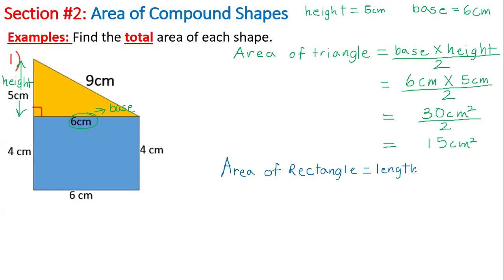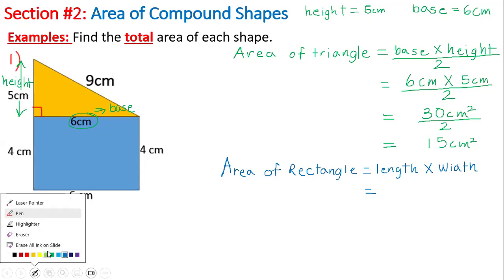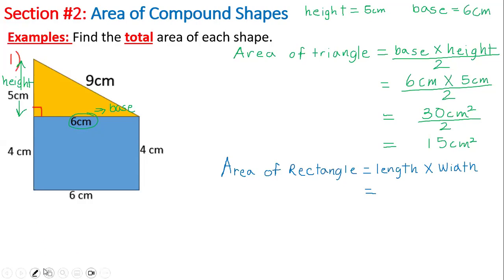So length times width. All right, good. The length is always the longest side. The width is the shorter side. So that means that the length, again, is always the longest side, and the width is the shorter side.